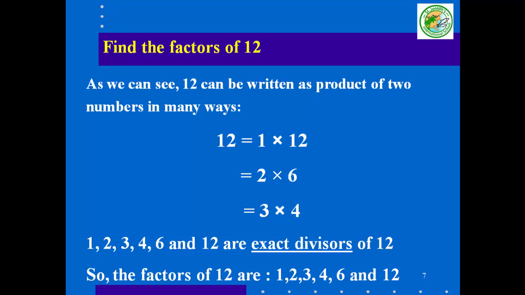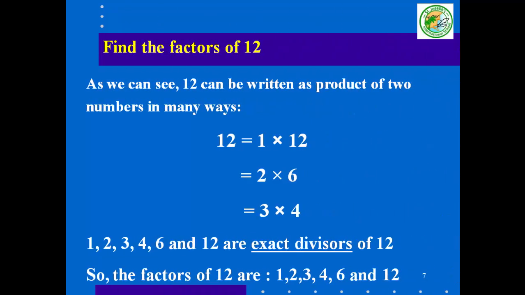Also, we must search for number 12 in all time tables. Let's start with table 1. 12 comes from 1 times 12. Okay, after table 1, table 2. 12 equals 2 times 6. And then 3 times 4.